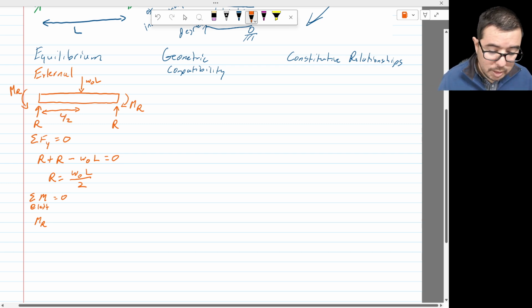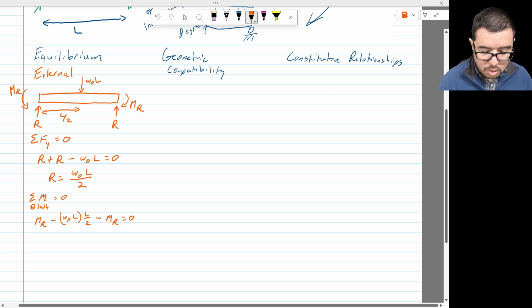So we have MR, that's from the left side, and we have this minus W naught L times L over 2 as well. So this is going to be minus W naught L, and then it's acting a distance L over 2 away. And we have minus MR, because it's going into the board, is equal to 0.